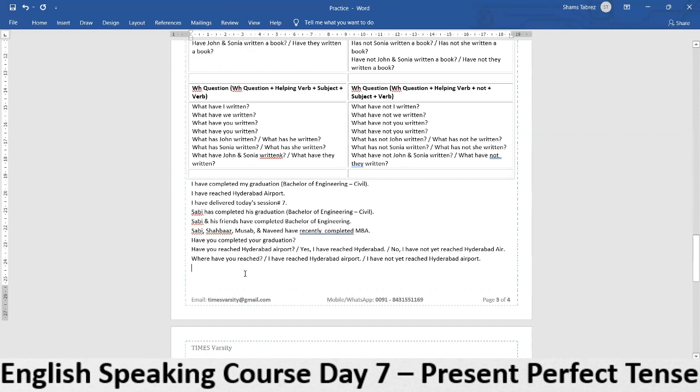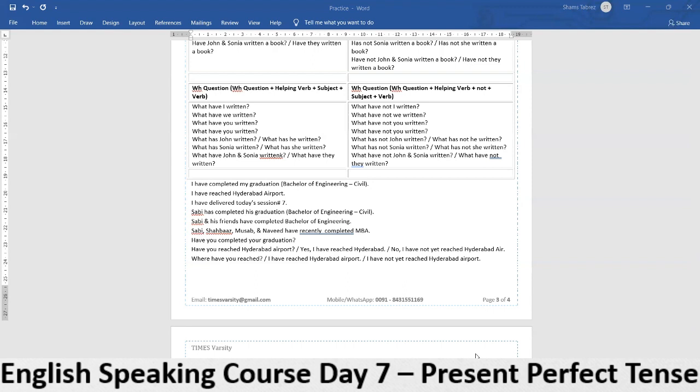So now, please make any simple question or WH question and then answer. Yes, anyone, any volunteer to make a simple question or WH question and then answer here in perfect tense?